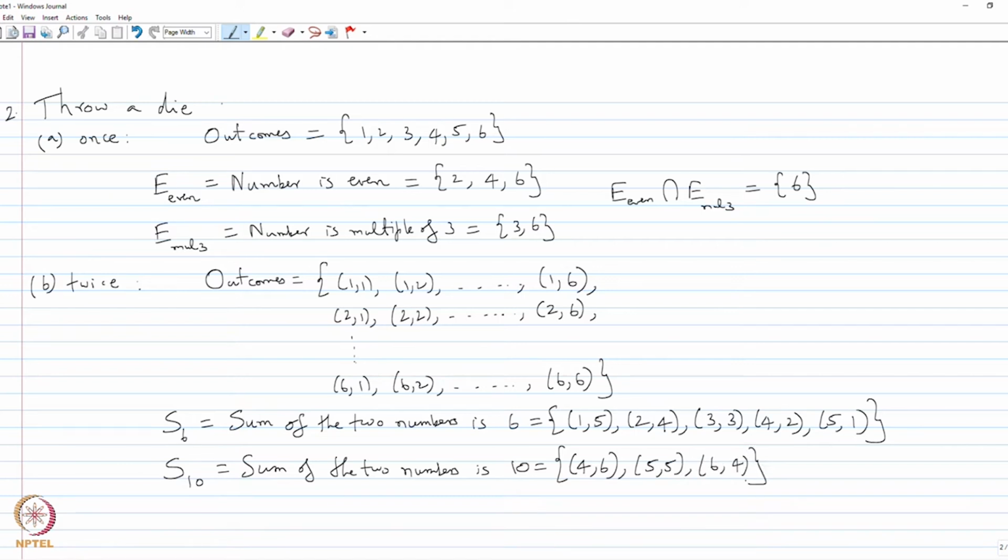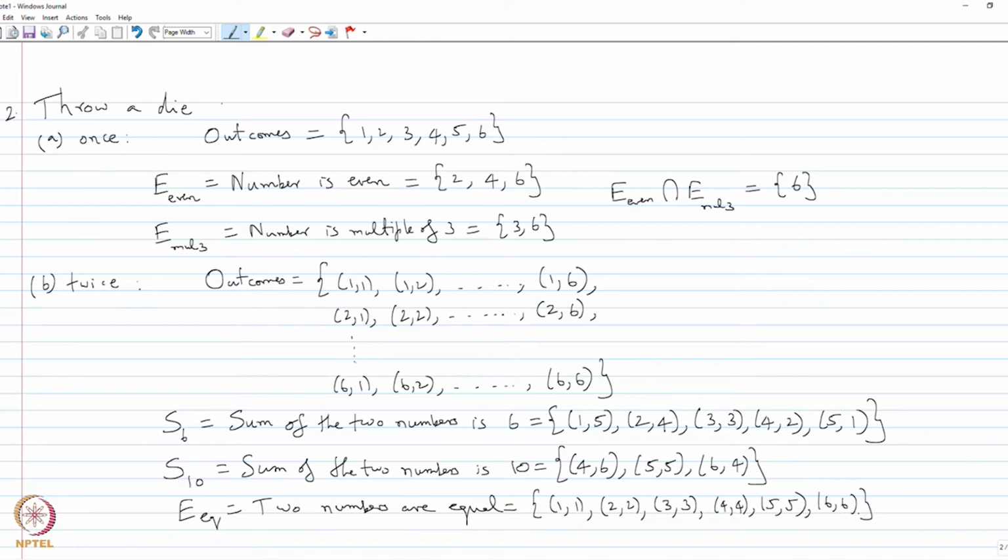Now you can also have other interesting events. You could have, let's say, E equal, which is that the two numbers are equal. This would have 6 possibilities: 1 comma 1, 2 comma 2, 3 comma 3, 4 comma 4, 5 comma 5, 6 comma 6.